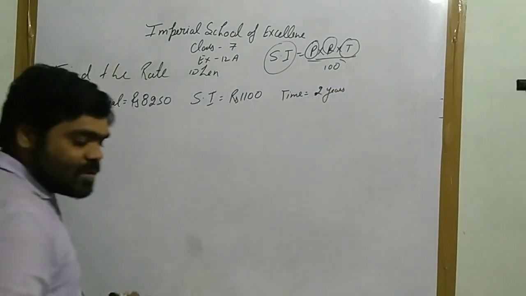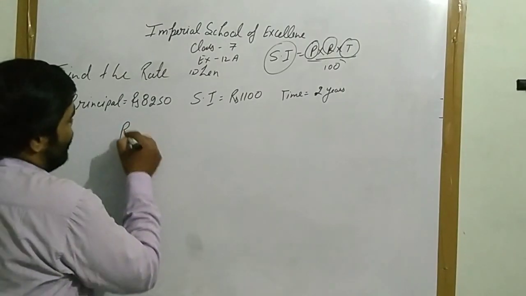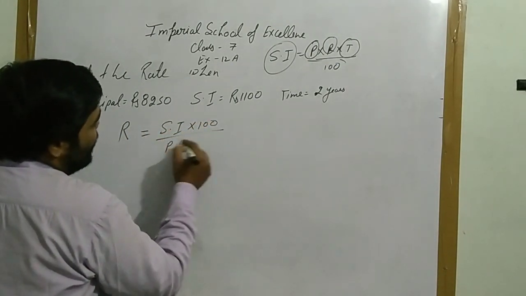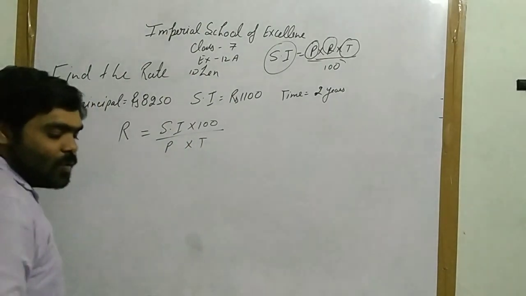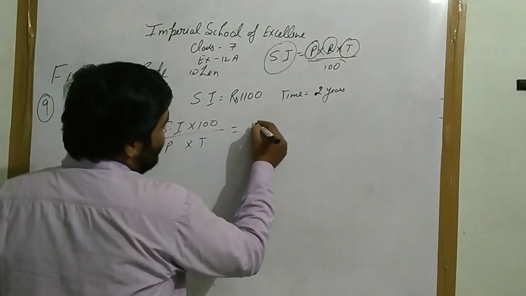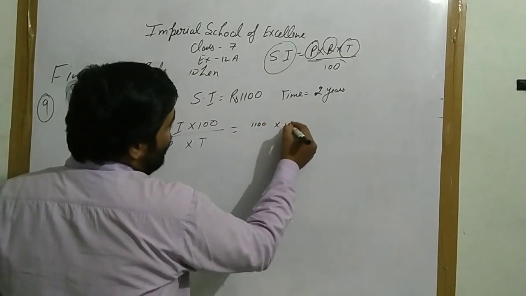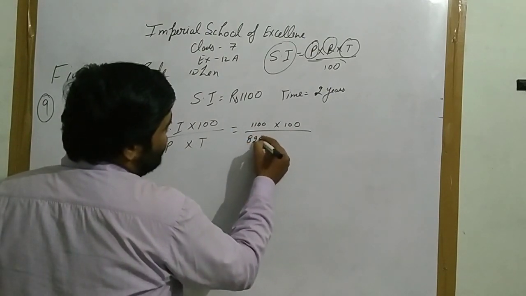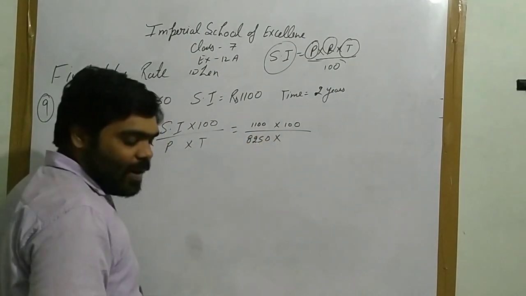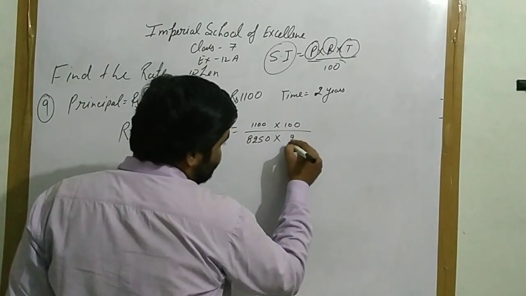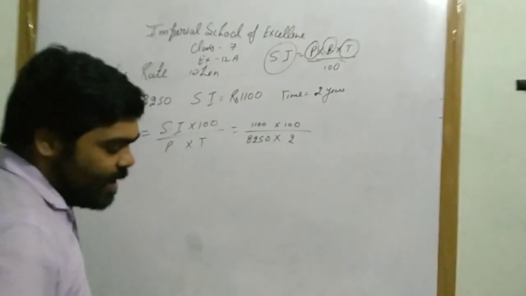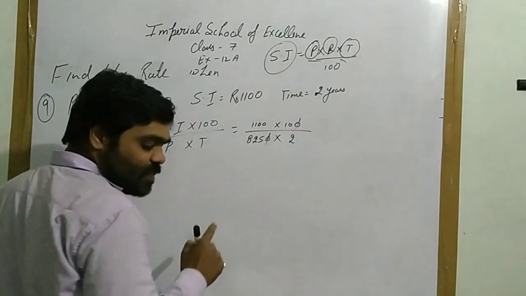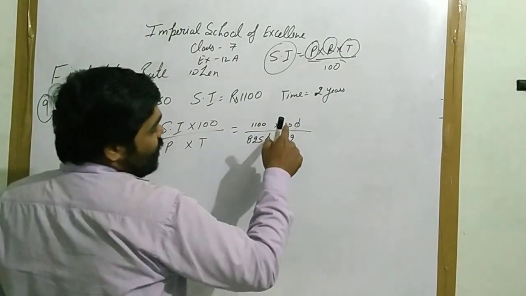Same process you have to do. We use the formula: Rate equals SI into 100 upon principal into time. SI is 1100 into 100 upon principal 8250 multiplied by time, which is 2 years. Cancel out this.